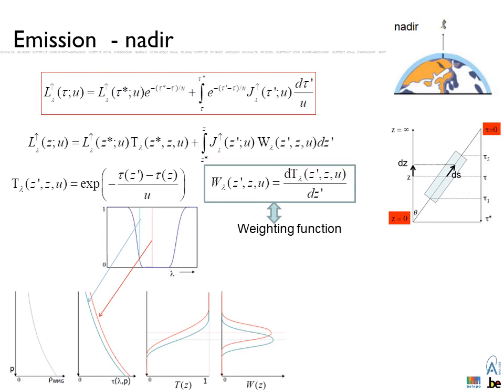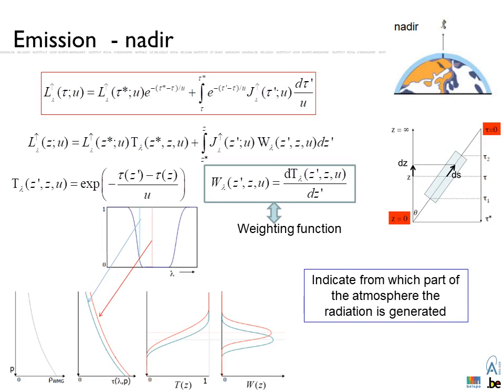This expression can be rewritten such that what we call weighting functions are made prominent. Those functions are sensitive to where the radiation is generated at the given wavelength.